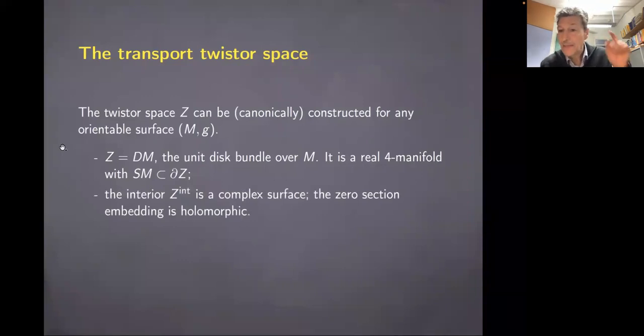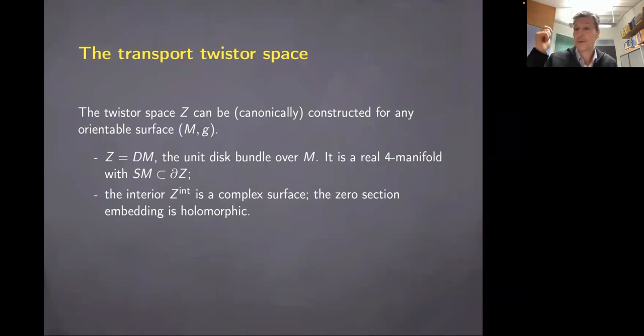Now, it turns out that the interior of this transport twistor space is very naturally a complex surface, of complex dimension 2. It has a very nice additional feature: the zero section embedding. Because I told you all vectors with norm less than or equal to 1, the vector v equals 0 is there. It gives you a copy of M, and that embedding is holomorphic.